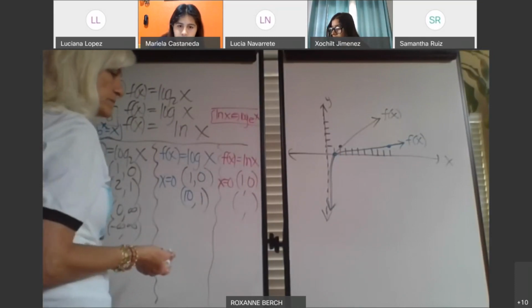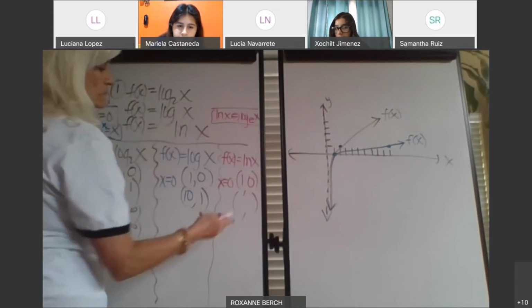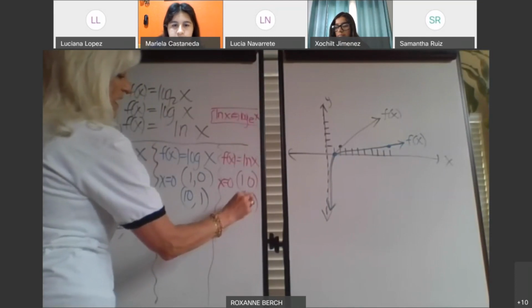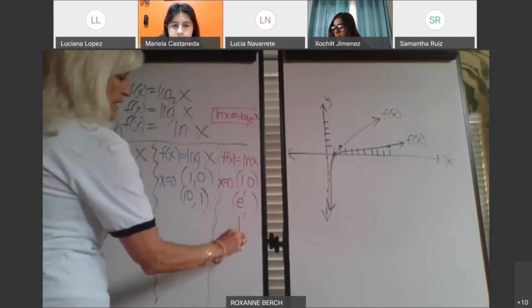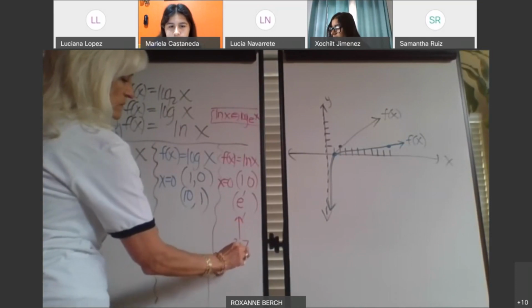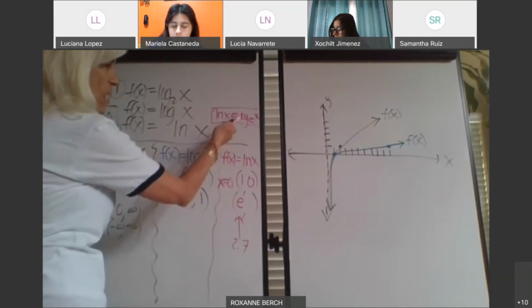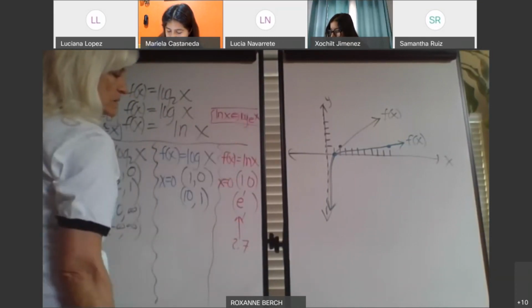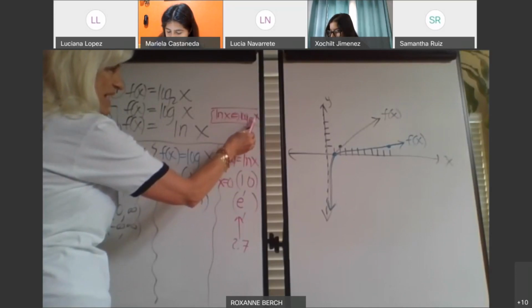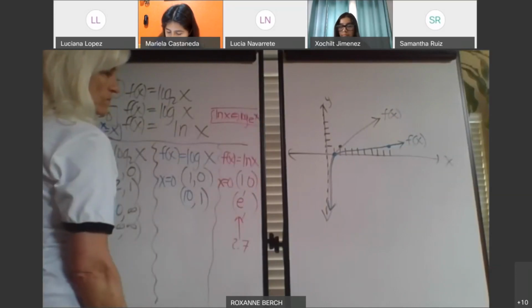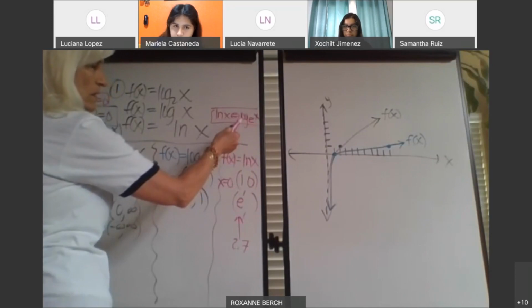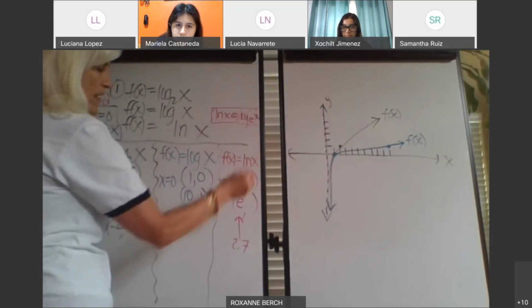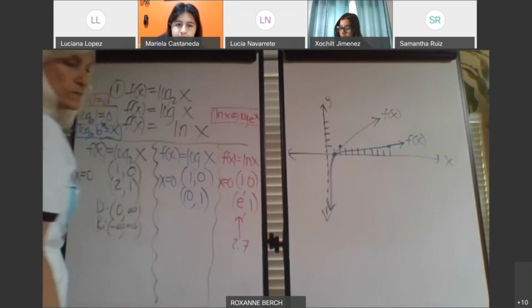So pick another x. 2.7. Right, e is about 2.7. So when you have log base e of e, what's log base e of e to the 1? 1.